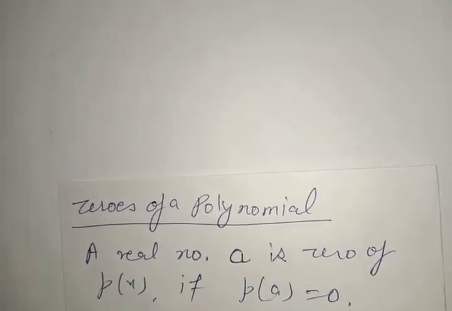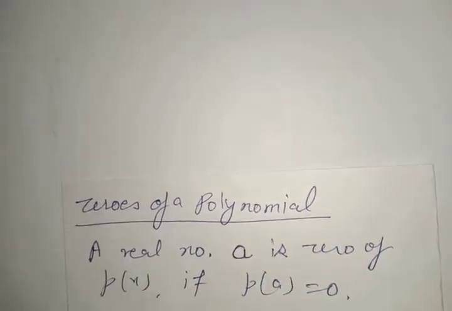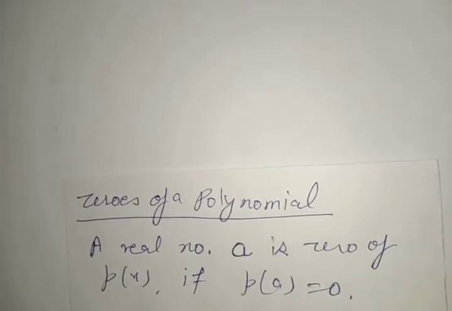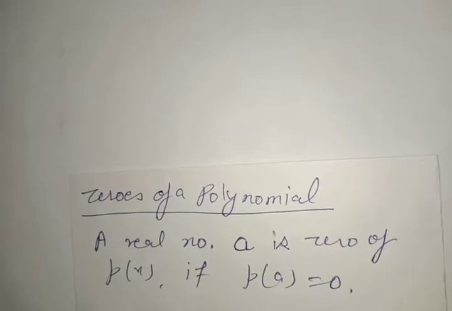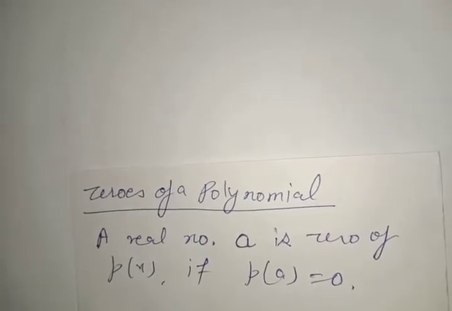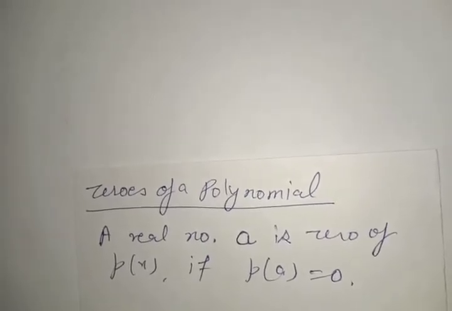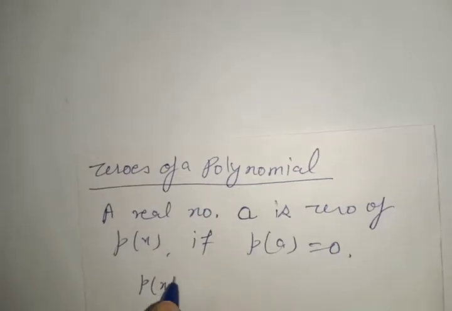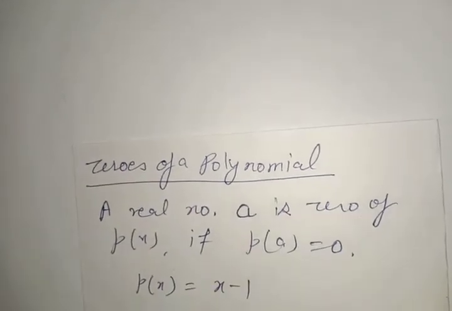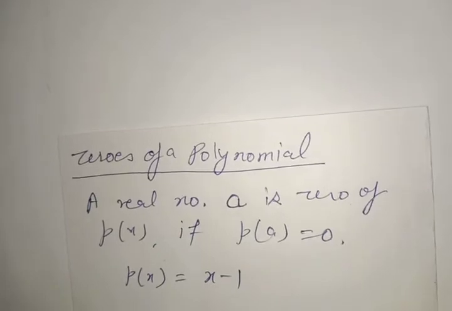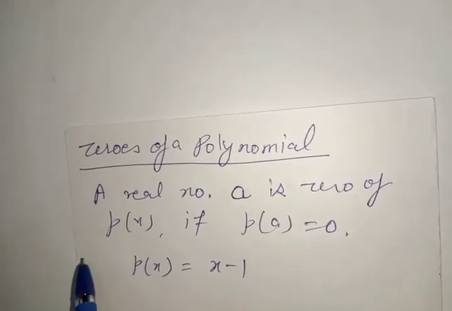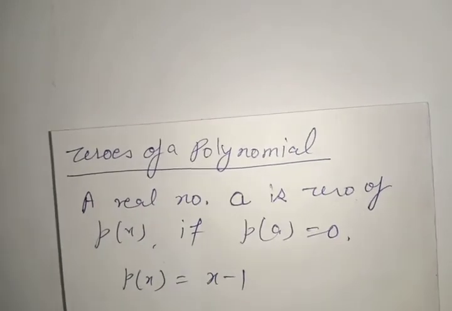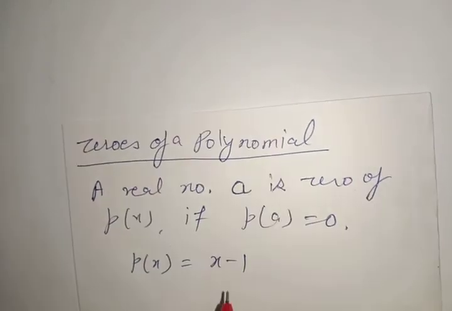By looking at this definition, you must be thinking that this is very difficult to understand. But by taking an example, I can explain to you how we can easily find out zeros. Suppose I write p(x) as x minus 1. So the real number which will make this answer 0, you can easily see.